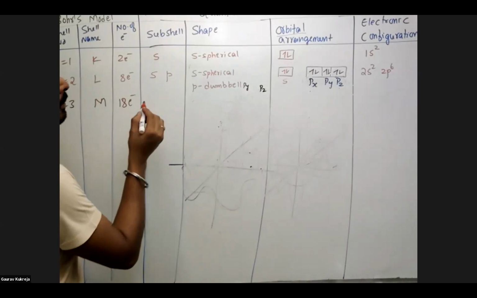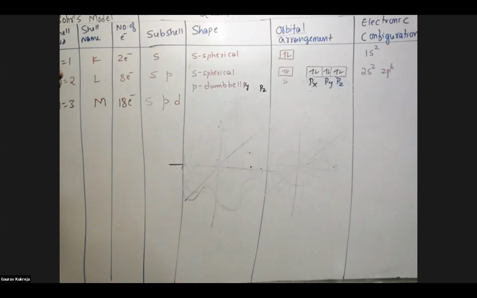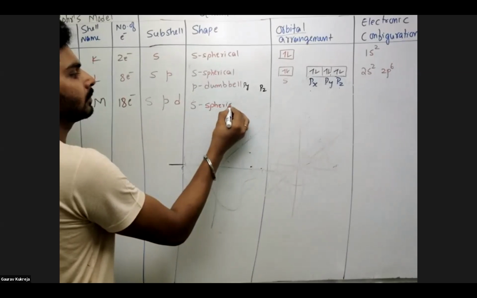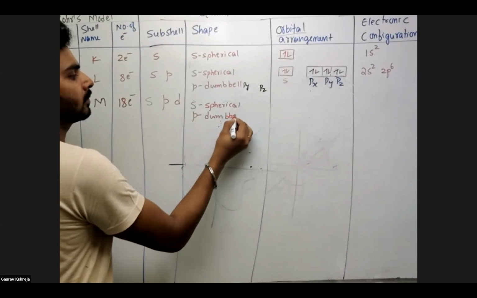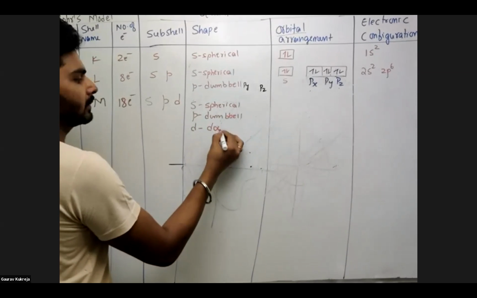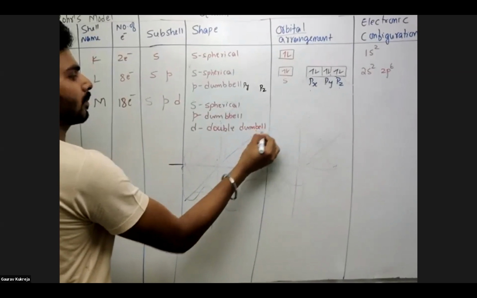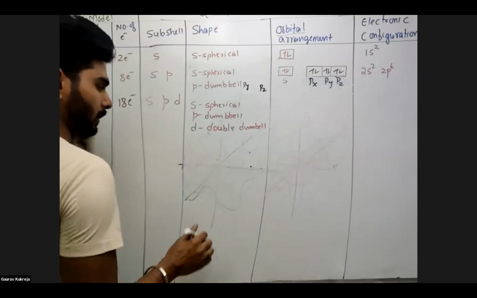But the quantum mechanical model says that these have to be distributed in terms of 3 different subshells. So S again spherical, P again dumbbell, and D will be in a double dumbbell manner.